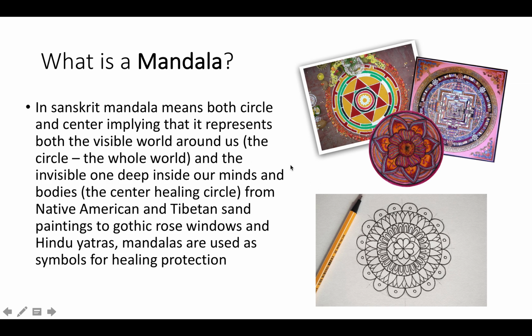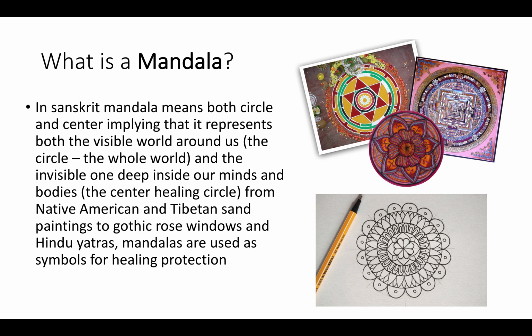But traditionally they're found in Hinduism and Buddhism. And basically, the shape of a circle is supposed to represent our physical world, our visible world, and then also the concept of the world that's inside of us, deep inside of our minds and our bodies. It's almost used as a healing circle.